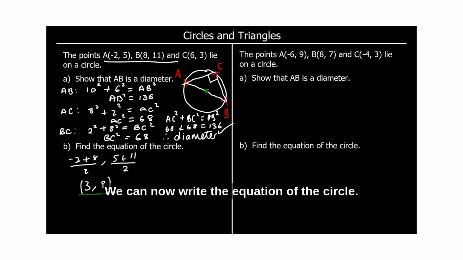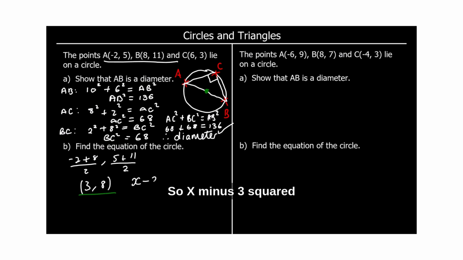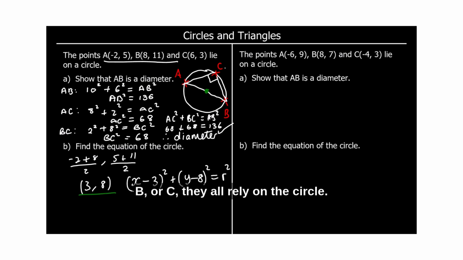We can now write the equation of the circle. That's x minus a squared plus y minus b squared equals the radius squared. So x minus 3 squared plus y minus 8 squared equals the radius squared. To find r squared, we can just substitute in any of the points A, B, or C. They all lie on the circle.